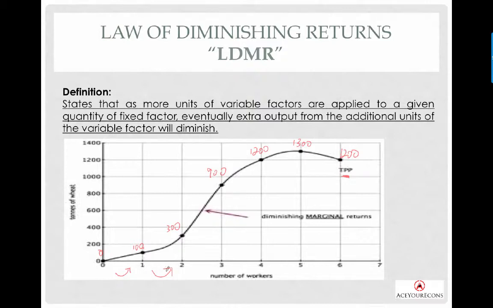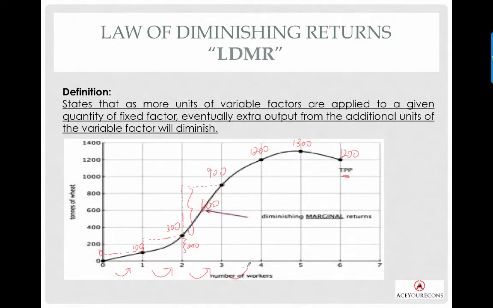From 1 to 2, you're hiring one more worker, and you are gaining 200 output instead of the initial 100. When you hire one more worker, from the second to the third worker, you are gaining 600 units from the employment of the third worker. For the second worker that you employ, you are gaining 300 units.